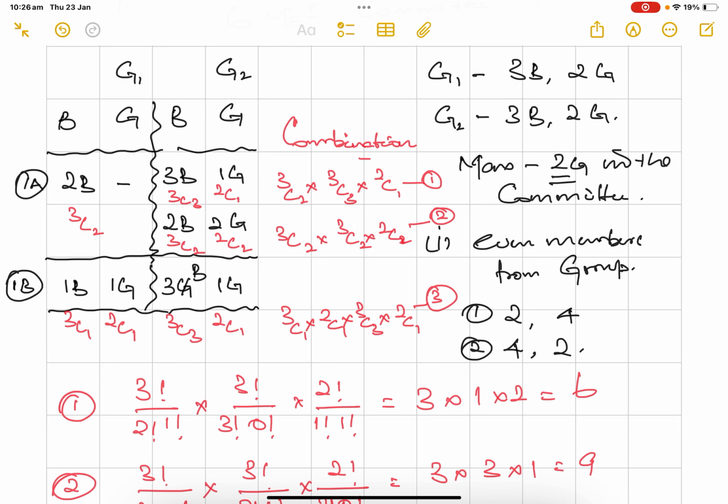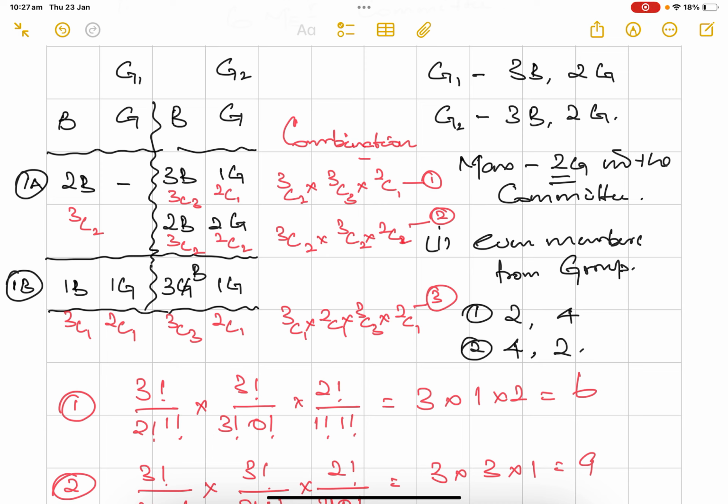So having decided the combinations that we're going to get, and put that little table or distribution together, now working it out. Let's start with 1A, 2 boys and no girls, and on the other side, the first selection, 3 boys and 1 girl. So 2 boys out of 3 boys, therefore the combination 3C2. And again, 3 boys out of 3 boys, the combination 3C3.